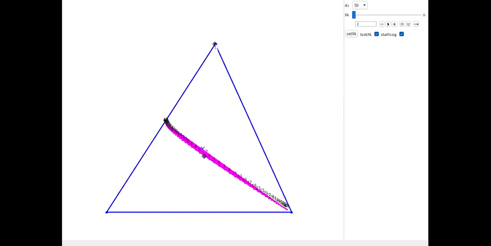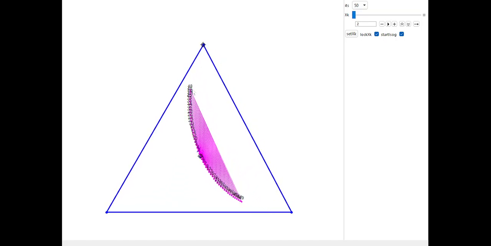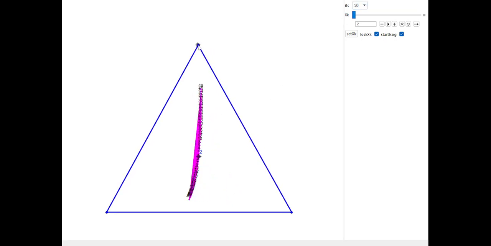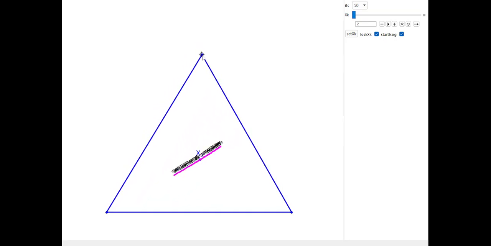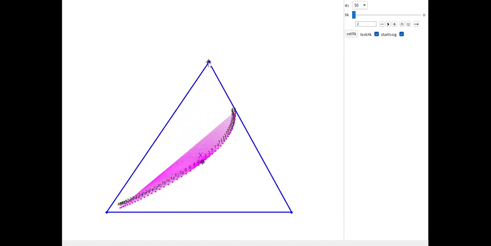Okay, let's keep going. So then you get this reverse situation. And then you have this arch, right? This will continue to go on forever if this number of iterations could be increased to 100. And this is probably going to approach one of the sides. Anyway, so you have this kind of geometry. I don't know if this has been studied before or not, but it's kind of interesting, right?